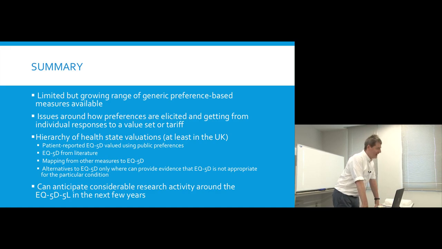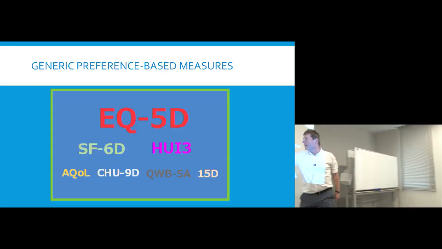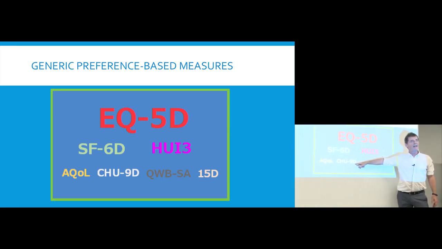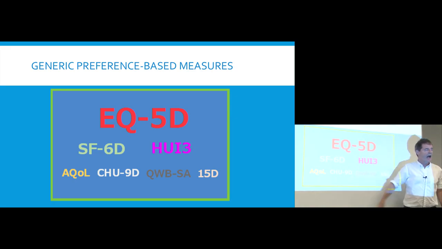yes, right. There are various measures in children, but there's one generic preference-based measure. CHU9D is the Child Health Utility Index, 9 dimensions.